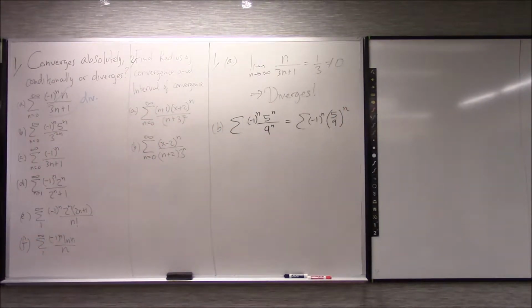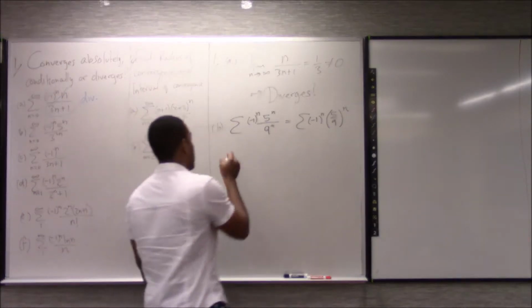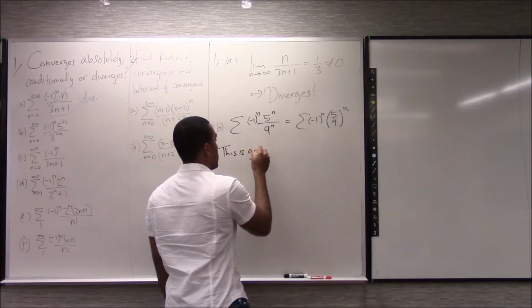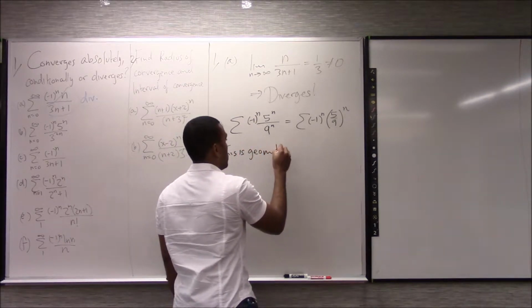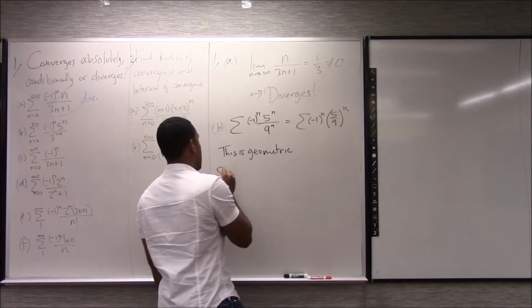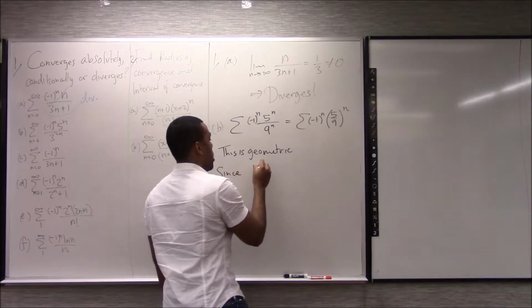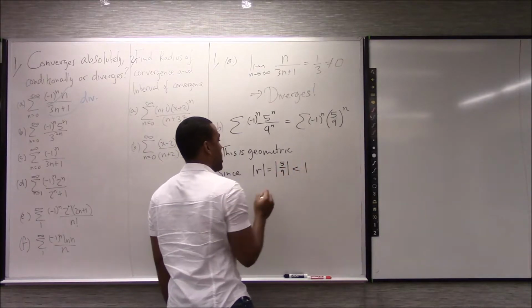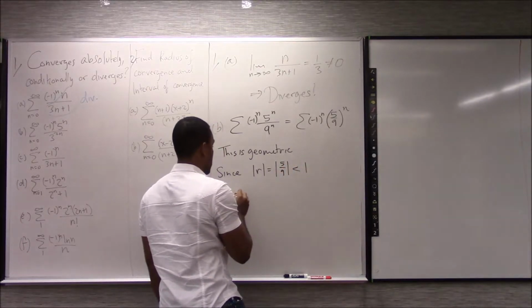Now the thing about geometric is whenever it converges, it converges absolutely, but you could throw in absolute values if you want, but it's really optional at this point. So it's geometric. And since the r in this case is 5 over 9, it's less than 1 in absolute value, it converges.